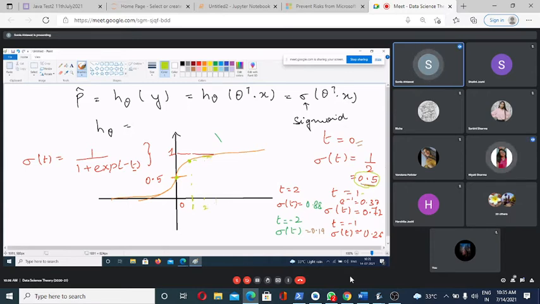If I'll go with 3, it is again greater than 0.5. So now when I'll go for t equal to minus 1, I am having a value of 0.26. So it is coming out to be almost here. If I'll go with minus 2, it is coming out to be 0.12. So almost यहाँ पर बात कर लेते हैं.